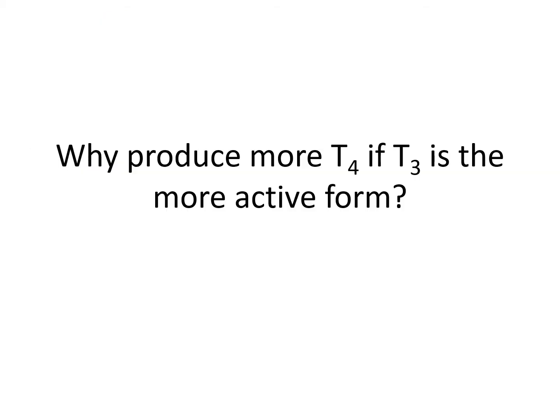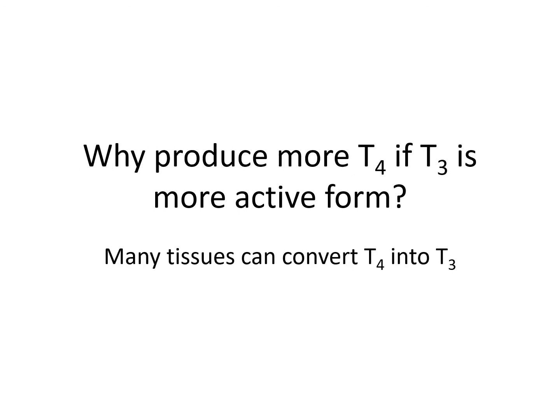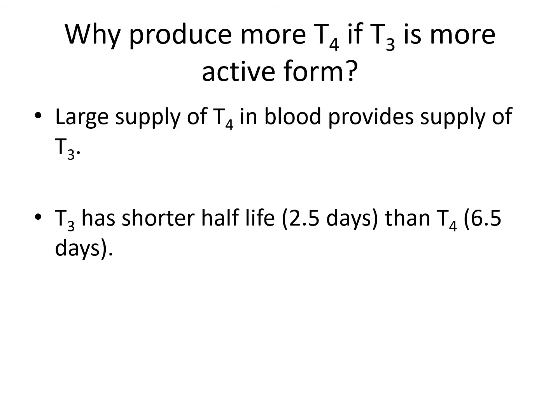Now, the question is, why produce more T4 if T3 is the more active form? Remember, earlier we said T3 was more active than T4. Well, the reason is that many tissues can convert T4 into T3, so forming T3 is not too much of a problem.